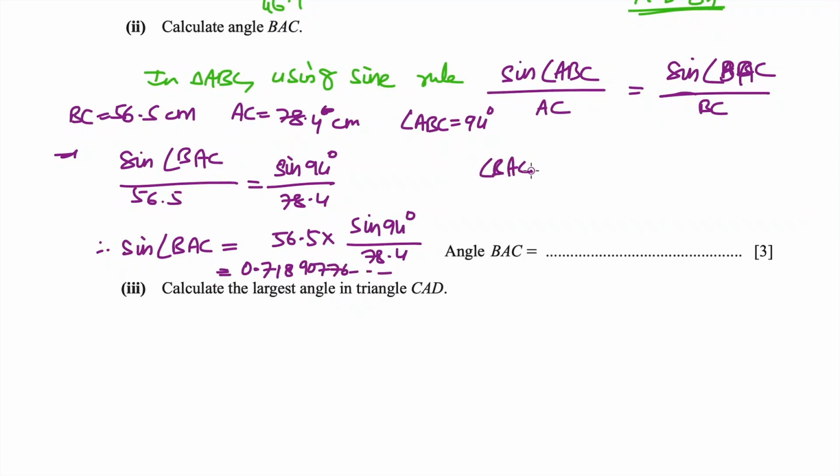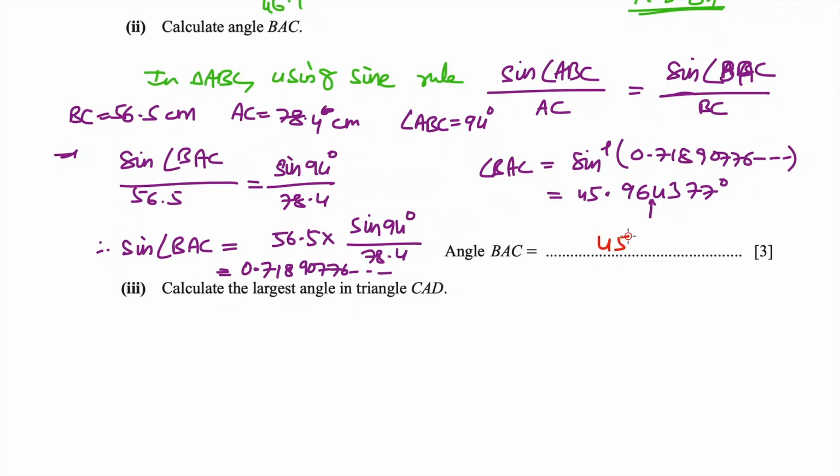So angle BAC will be equal to sine inverse 0.71890776 and so on, and this value is equal to 45.964377 in degrees. So if I cut it at two decimal points, the answer angle BAC is equal to 45.96 degrees. Because 4 is less than 5, 6 will remain 6. It will not change. So that is the required answer.